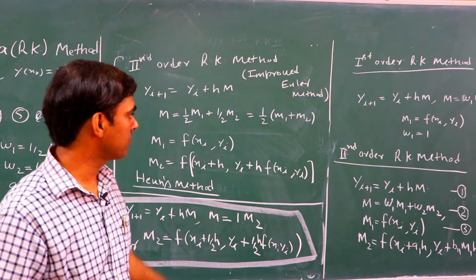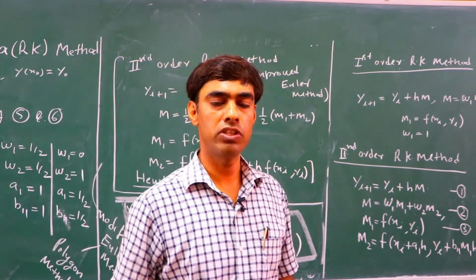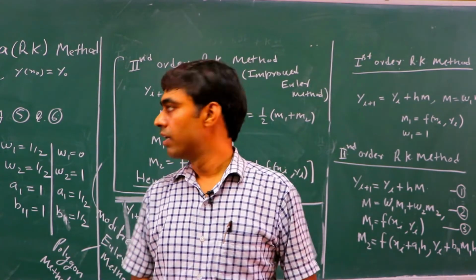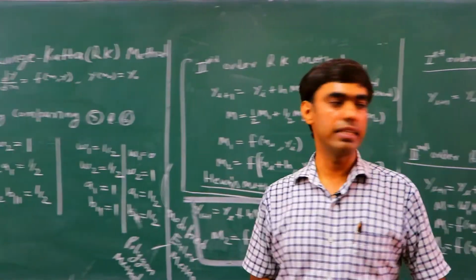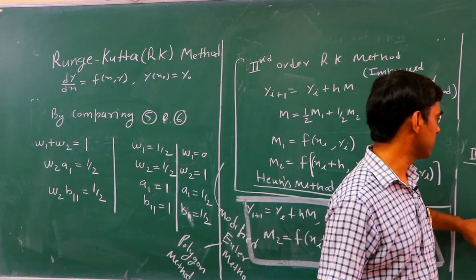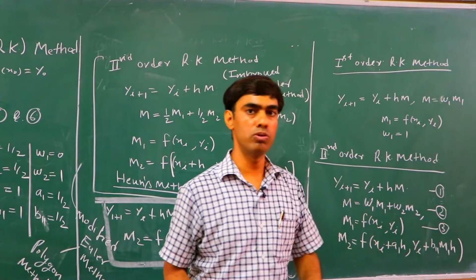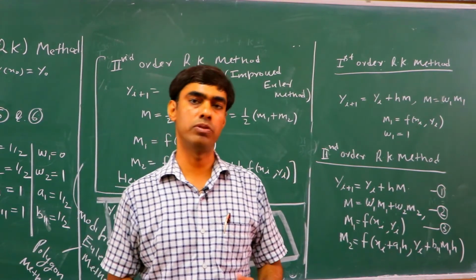So what we observe, if we talk about second order RK method, is that this is a general scheme: yi plus 1 equals yi plus hm, m equals w1 m1 plus w2 m2.